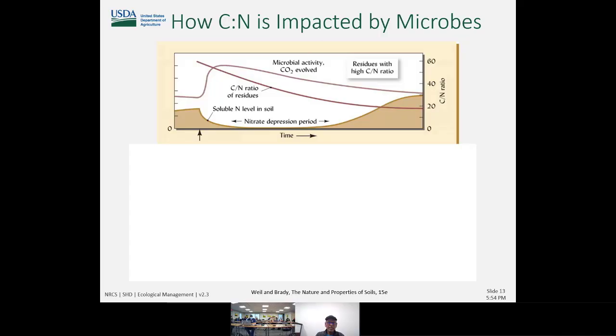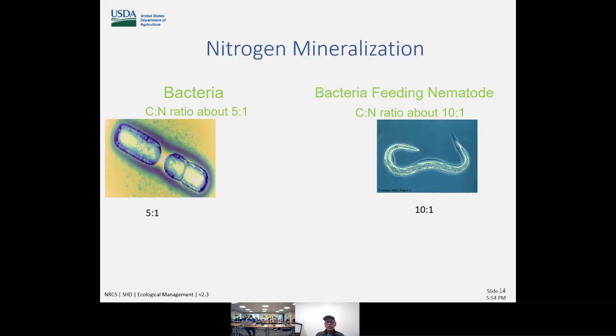So the C:N ratio is much lower. As I said in the previous slide, in this case you see the nitrate depression period. It takes a longer time for microbes to digest the decomposing materials compared to the lower figure.